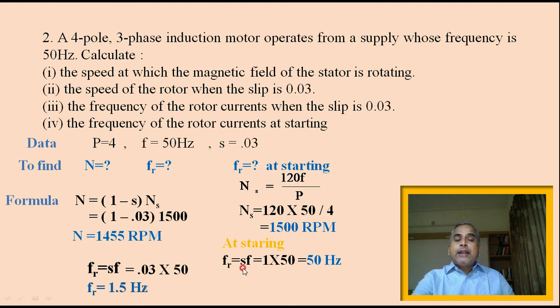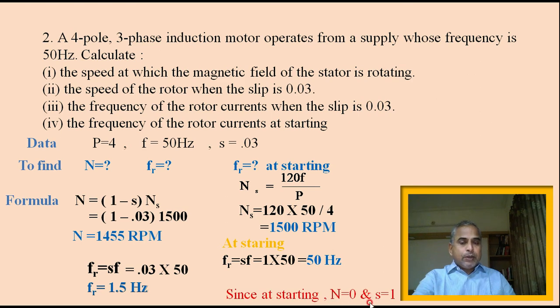Therefore at the time of starting the slip is 1, so it is 1 into 50, that is 50 Hz. This means at the time of starting the rotor frequency is the same as the supply frequency. Since at starting n is equal to 0 and s is equal to 1, we get 1 into 50, that is 50 Hz. This is how we have to solve numerical number 2.